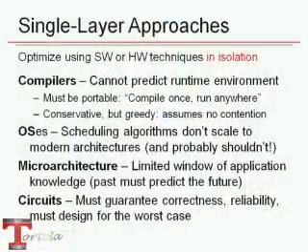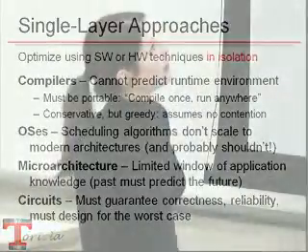So let me tell you a little bit about some of the approaches that might immediately come to mind. Depending on who you are, whether you're a compiler person or an architect, you're going to immediately think about solving problems from your own camp, right? If you're a compiler person, you say, I know how we could do this in the compiler. If you're an architect, you're going to have your ideas.